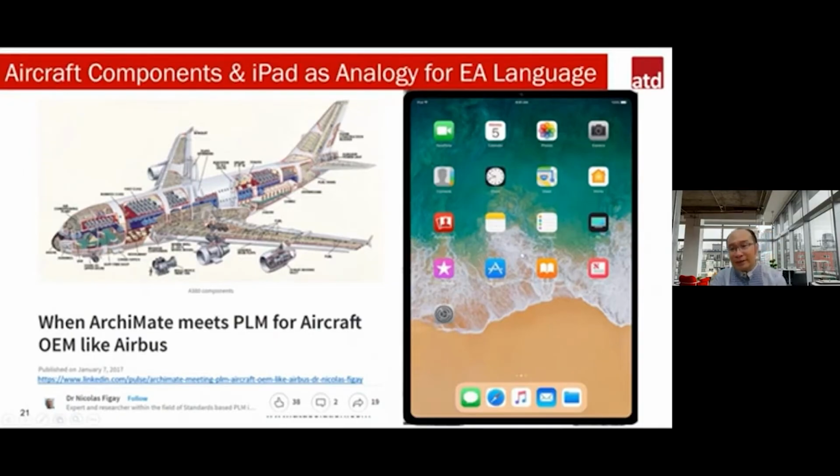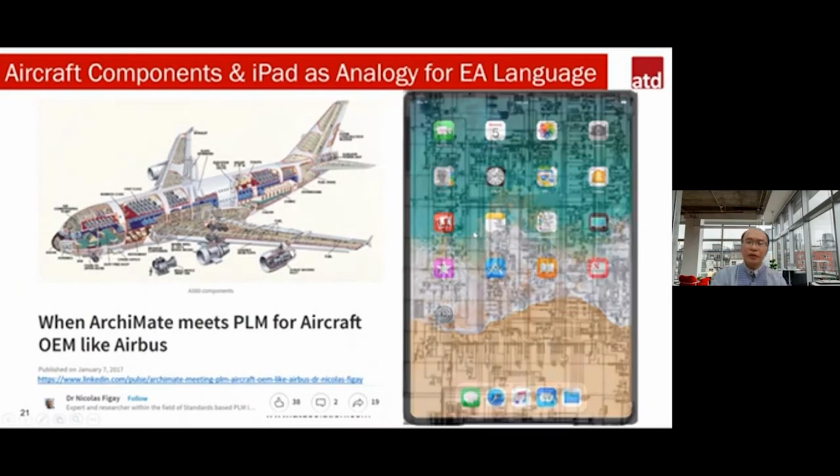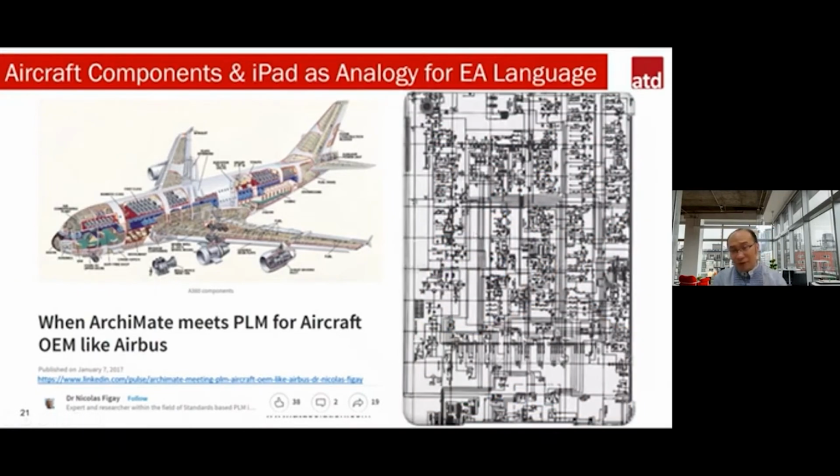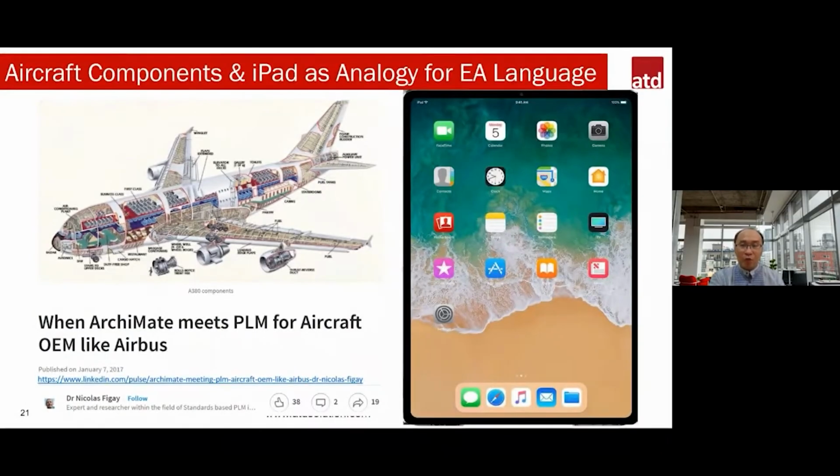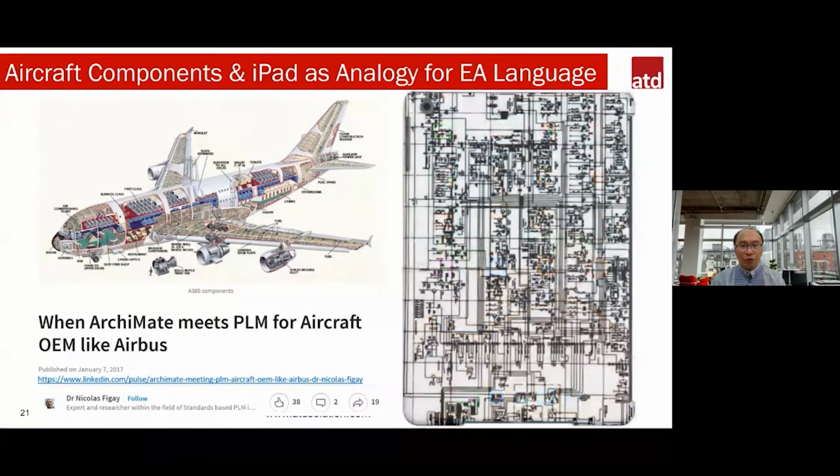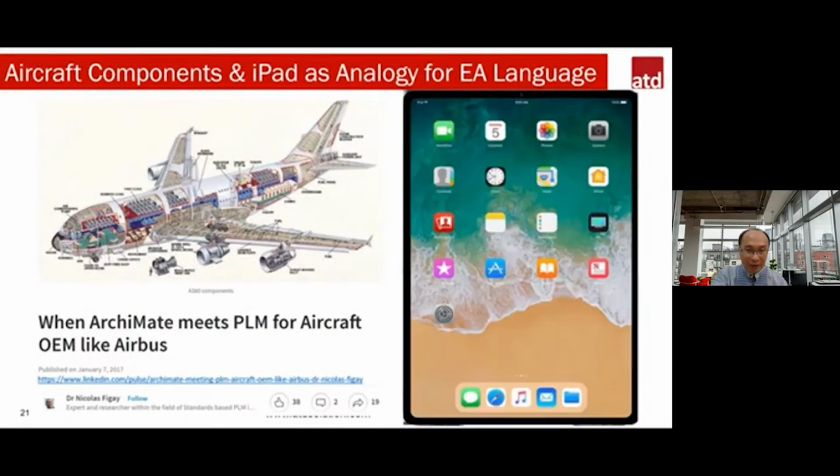The same thing on the right-hand side, we have the iPad. Someone may need to draw the motherboard, the interdependency, the relationships, so that if any particular part is not working, you know exactly which function and which program will not be working. Isn't it similar, the analogy of the aeroplane and the iPad with our enterprise?